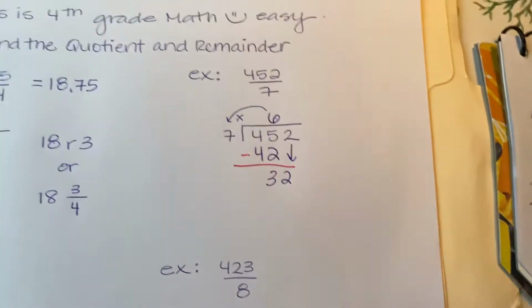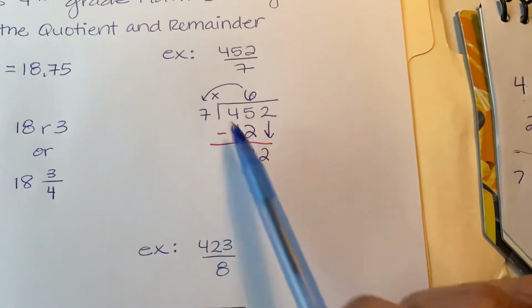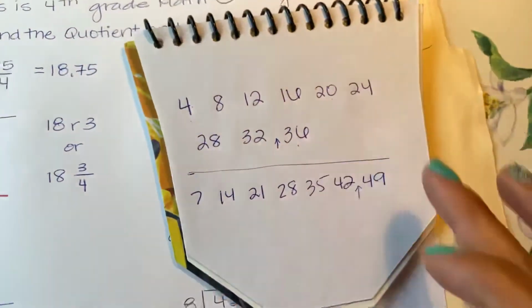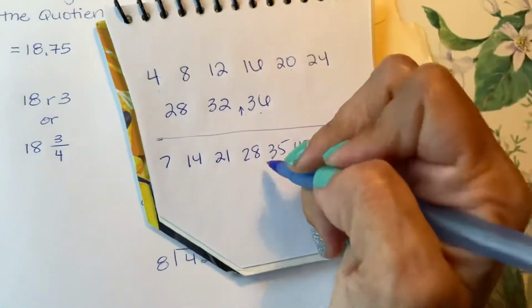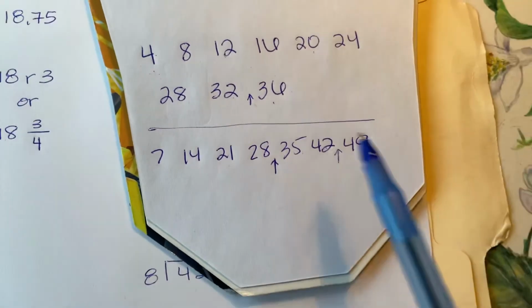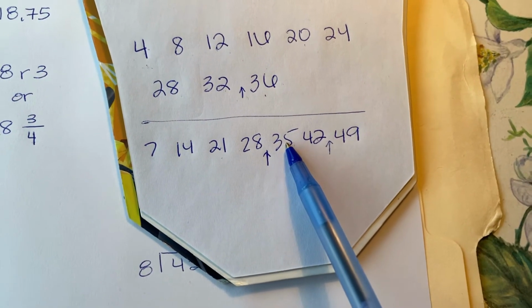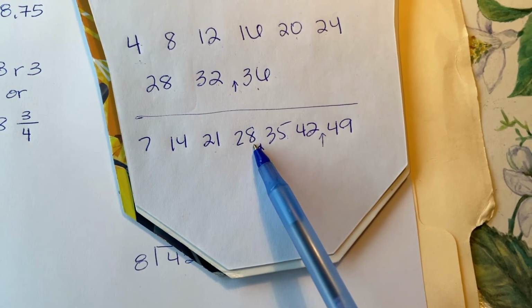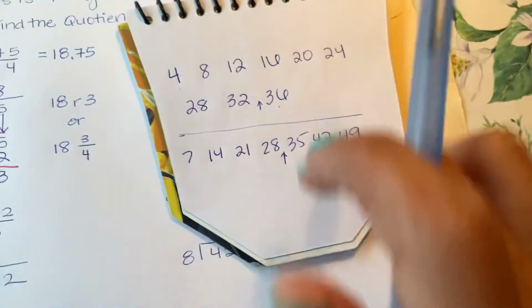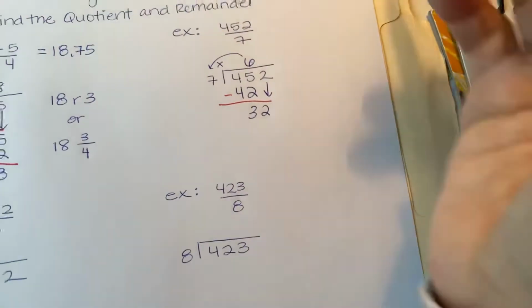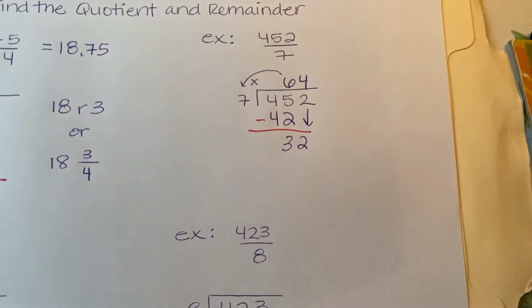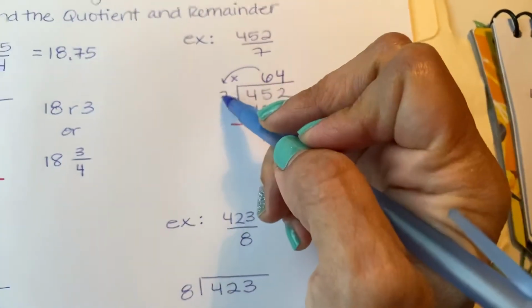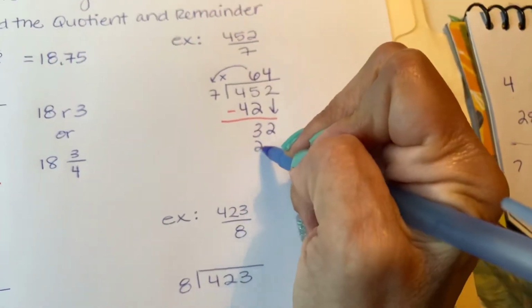Okay, so now we want 32. How many times does 7 divide into 32? Go back to your multiplication table. 32 is right there. 35 is too big, 28 is small enough, so that's 7 times 4. So then this is 4. And 4 times 7 is 28.